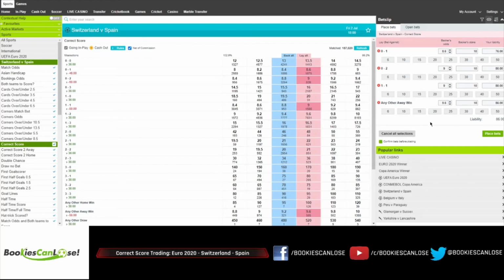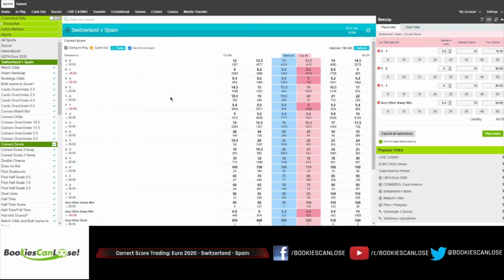And now it starts to look more or less even, right? You would be looking at 46, 50, 50, 56, but maybe you could get 9.4, so that would be 54, and 38 profit if it's not any other away win, if it's not 0-1, 0-2, or 1-1.